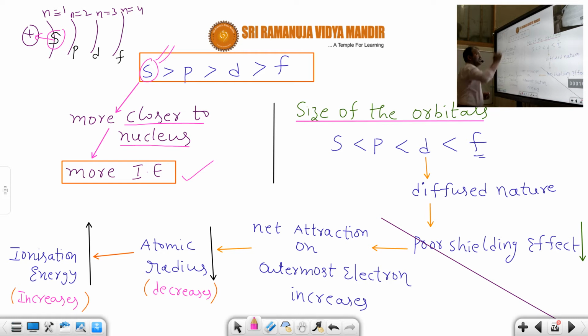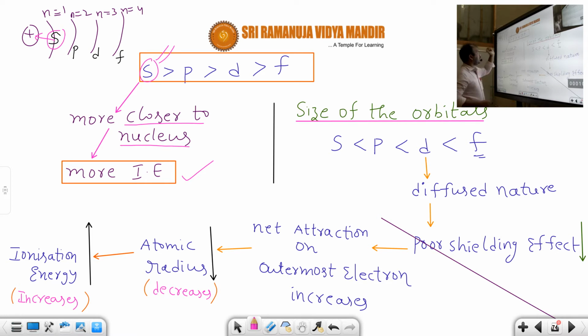Whenever you take the s, p, d and f orbitals, the s orbital is very near to the nucleus, so ionization energy is more there. But farther from the nucleus, the s orbital is present in the first orbit, the p orbital in the second orbit, the d orbital in the third orbit, and the f orbital in the fourth orbit. So what will happen far away from the nucleus?